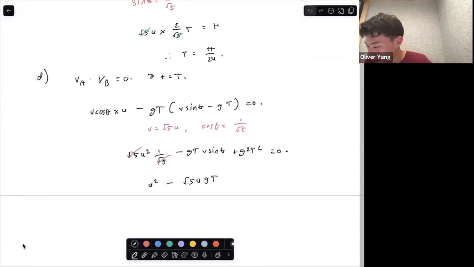Sine theta is 2 over root 5, right? So sine theta, 2 over root 5, plus g squared t squared.